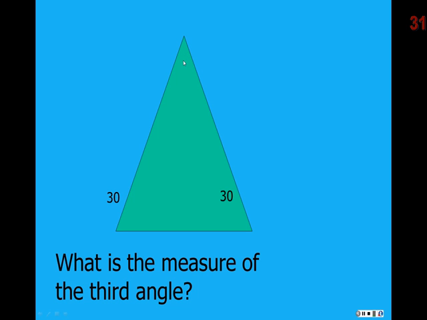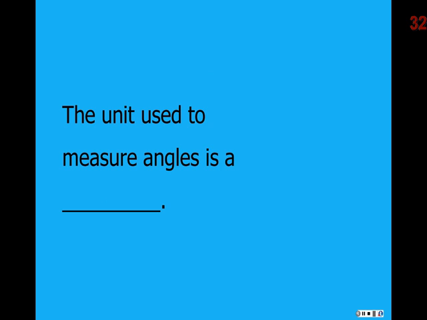How many total degrees are in a triangle? If it's 180 and I subtract 60, what should this be? No, it's not going to be 140. If the triangle totals 180 degrees, you're going to subtract 60, it's 120. This is so easy, I don't know why you guys are missing this.